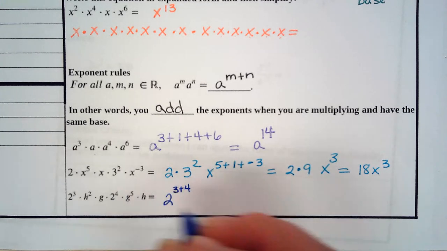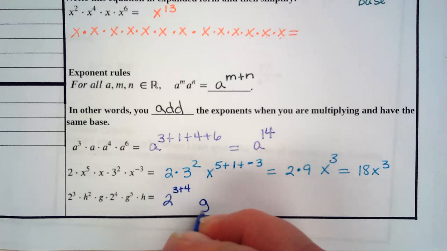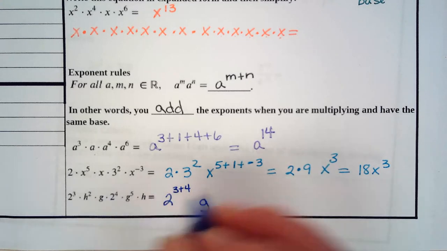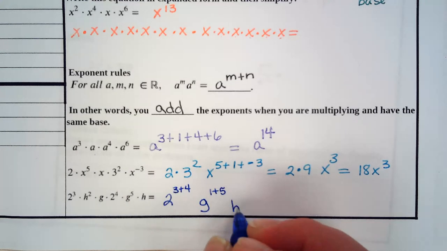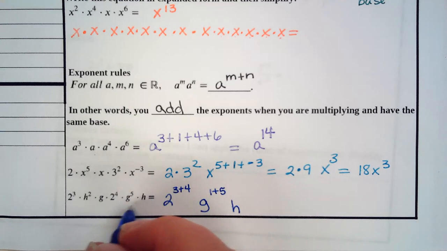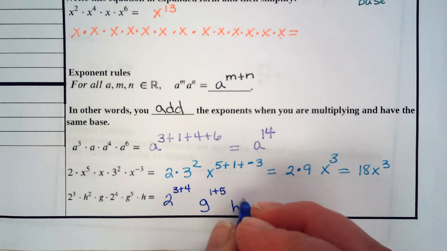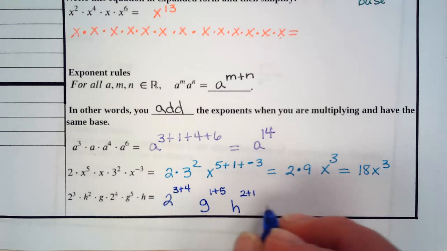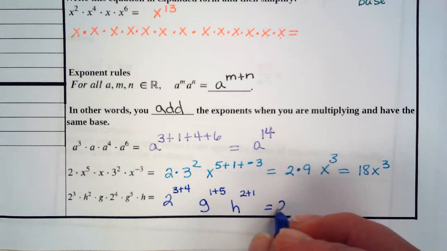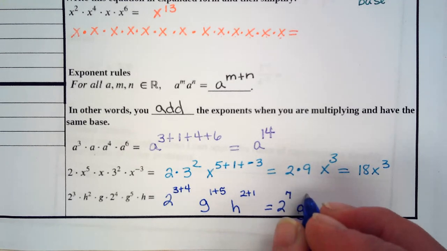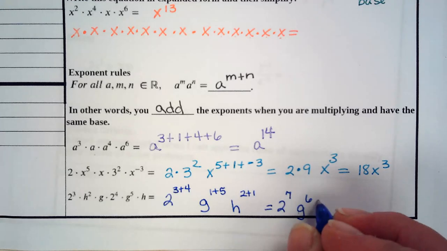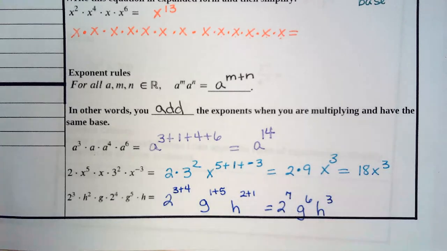We'll need to put g first because g is before h. G to the 1 plus 5 power. And then h to the 2 plus 1 power. So I've got 2 to the 7th power, g to the 6th power, and h to the 3rd power.